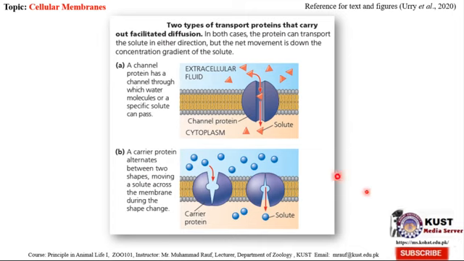So you can see here the channel protein. There is an interior hydrophilic channel which provides passage to the hydrophilic molecules, and these are the carrier proteins where a change occurs in their shape and thereby they transport materials.